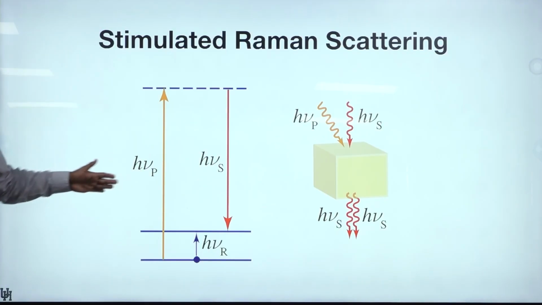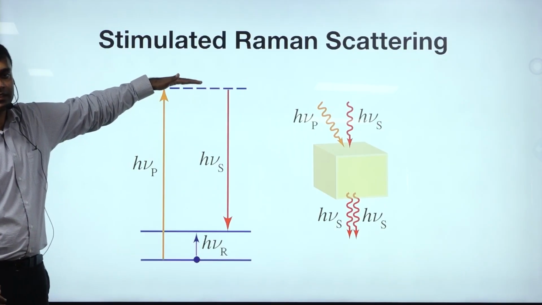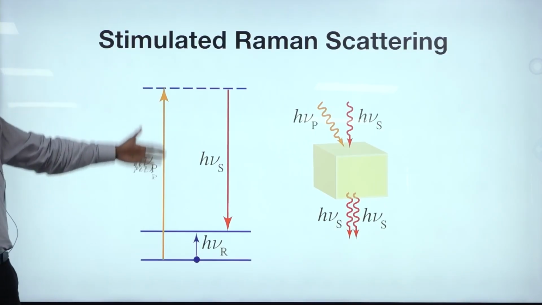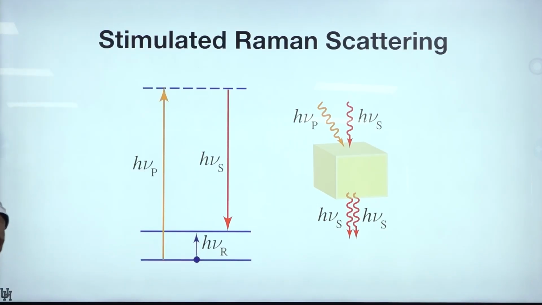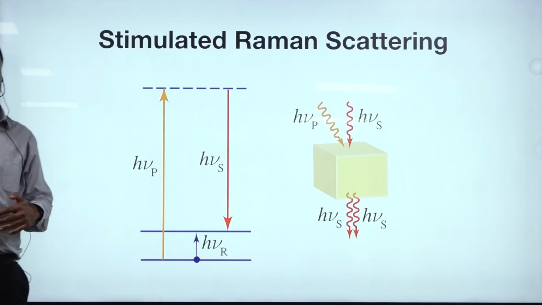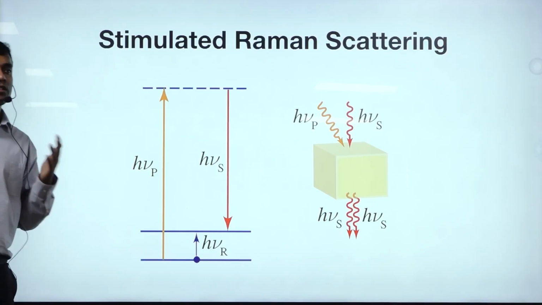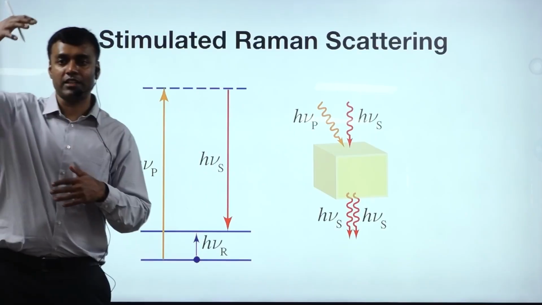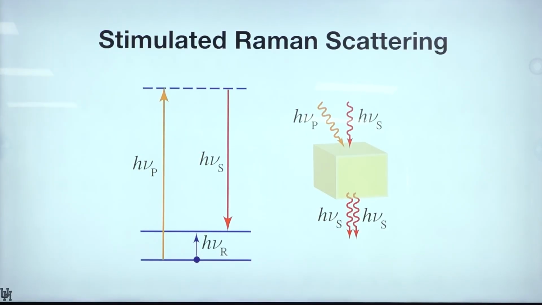But if the electron is at a higher energy level and you shine light of the corresponding wavelength or frequency difference, there will be a transition downwards. You can force a transition upwards, which is absorption, but you can also force a transition downwards. That's called stimulated emission. That is actually how lasers are built. You can force the electron to a lower state. That's the idea of stimulated emission.